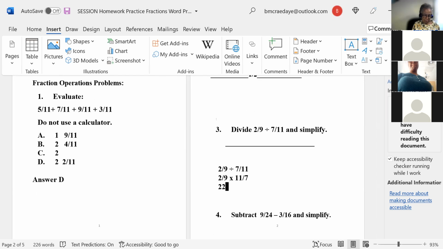And 7 times 9 is 63. Anything else? And then I simplify. How did you simplify? I divided 63 by 22. I shouldn't have done that. It gave you a whole number?